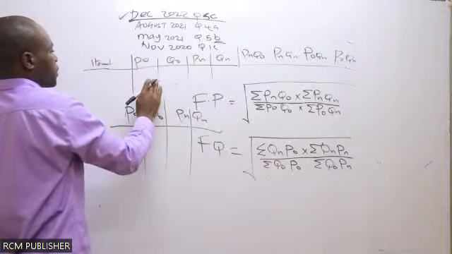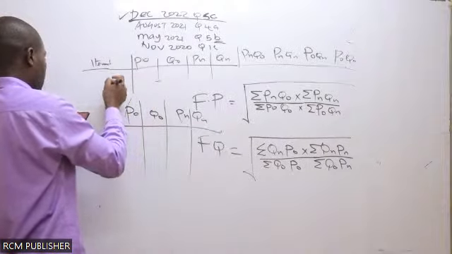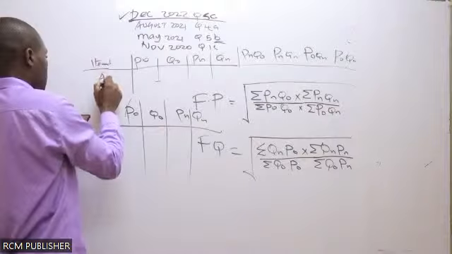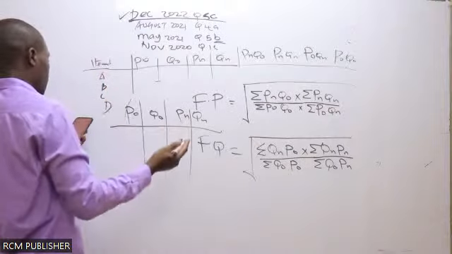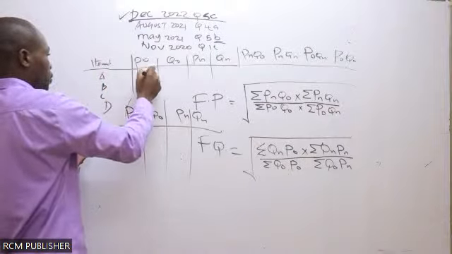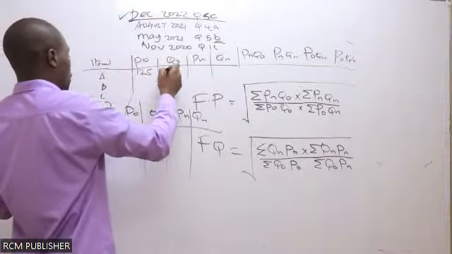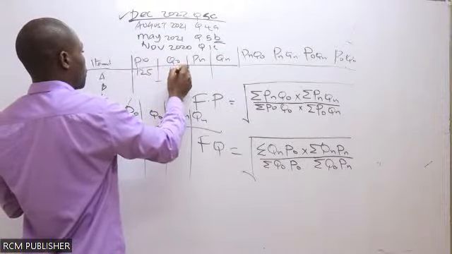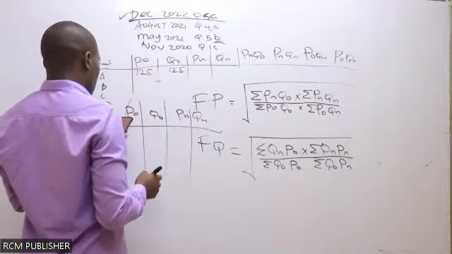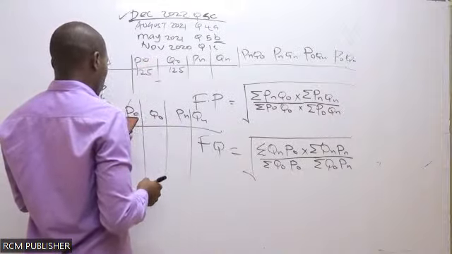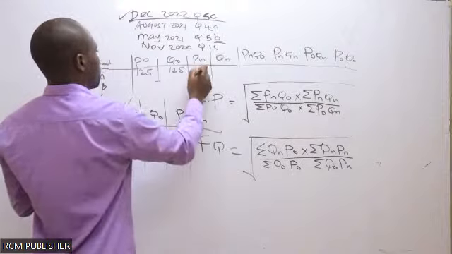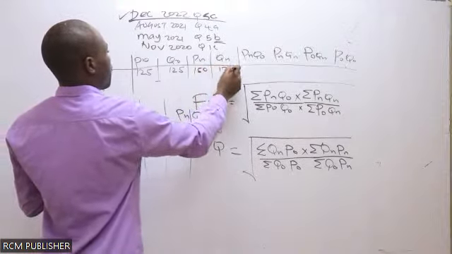Once you do that, just indicate the item. Let's say we have A, B, C, D, the way they have said. We take the price 125, that is the P0, quantity also 125, that is our Q0. And then the current now is 150, 175.